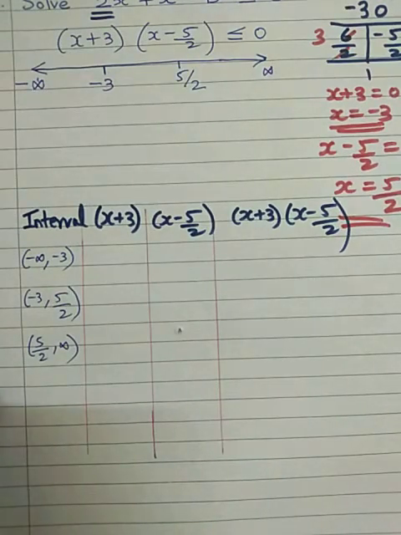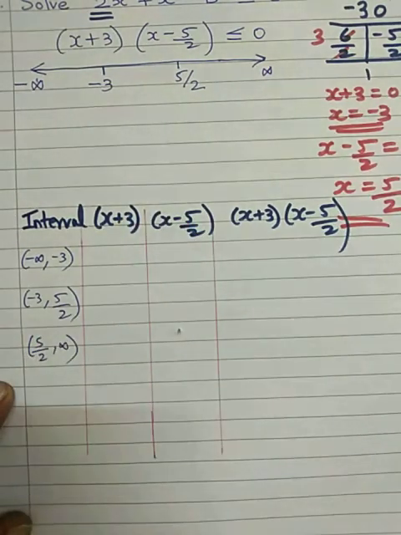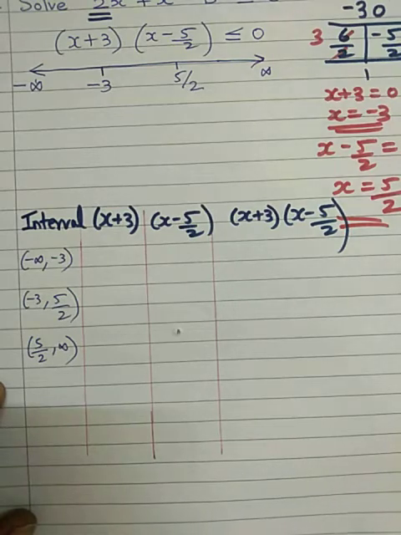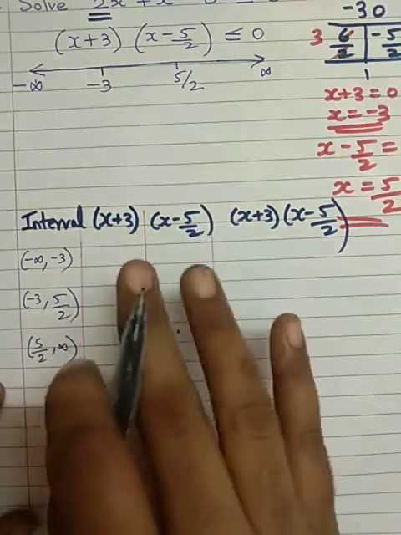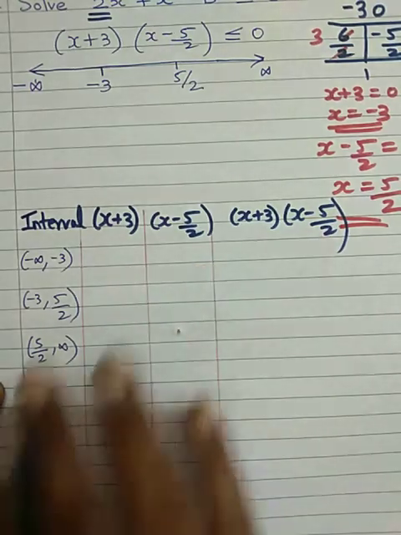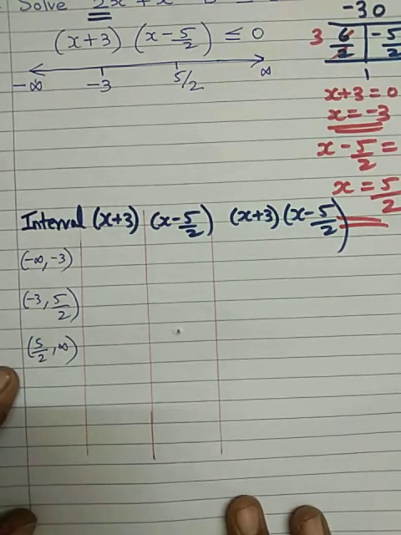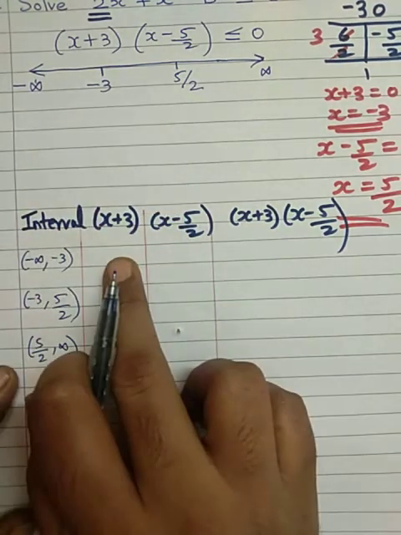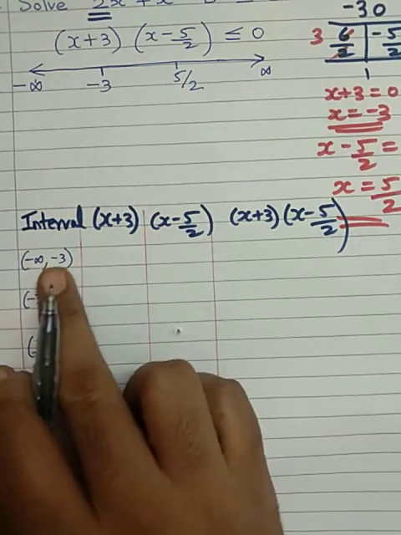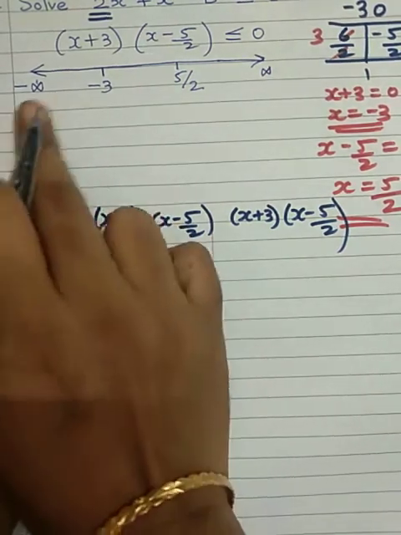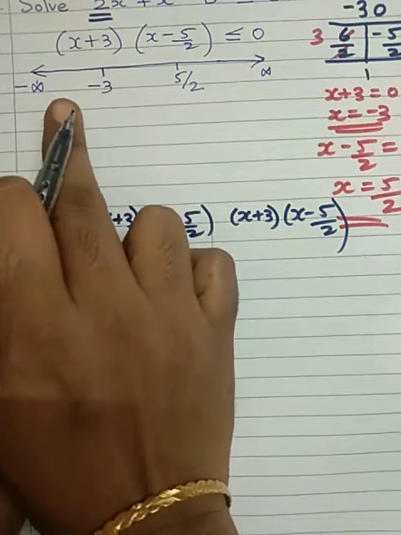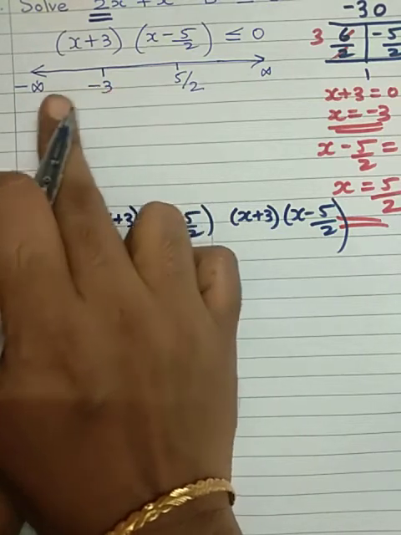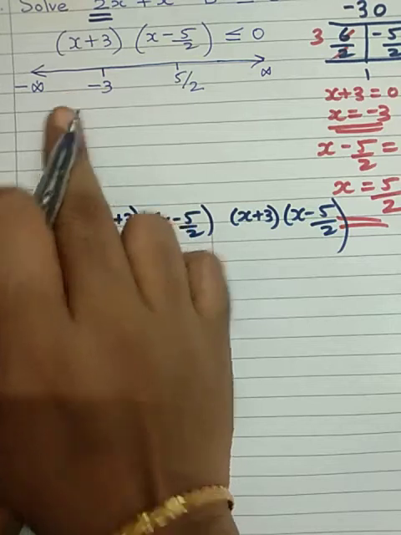Now let me tell you how to fill up these columns. Actually, only the entries should be there in the column. The calculation is your rough work. So, for the interval −∞ to −3, in this portion of the number line, you select any number you like.